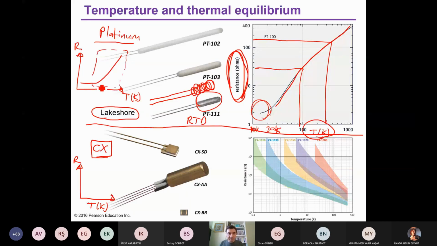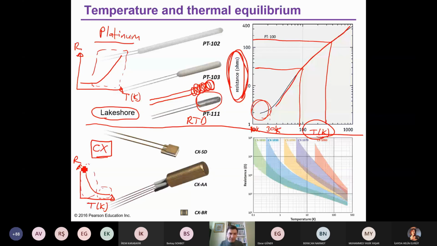And in case of semiconductor thermometers, at high temperatures, they are not so sensitive to the temperature changes, but at low temperatures, semiconducting sensors are very sensitive to the small changes in the temperature.